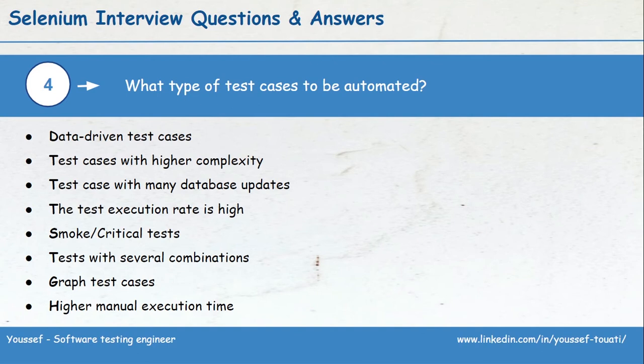Data-driven test cases with higher complexity, test cases with many database updates, tests whose execution rate is high, smoke or critical tests, tests with several combinations, graph test cases, and higher manual execution time.